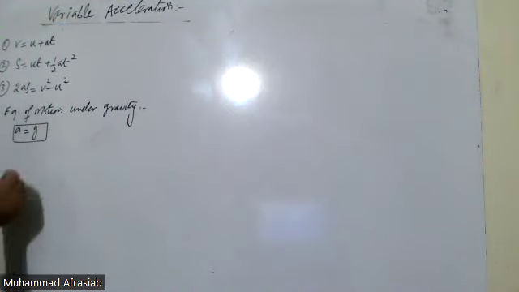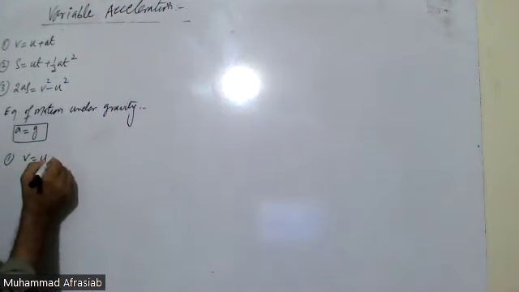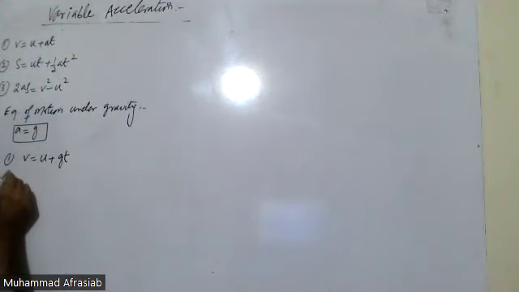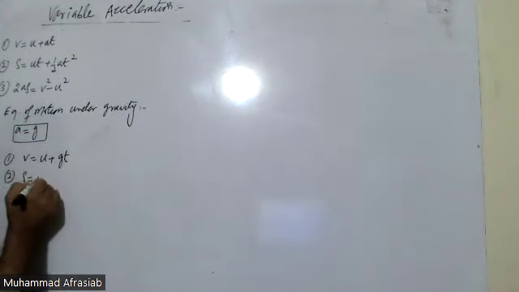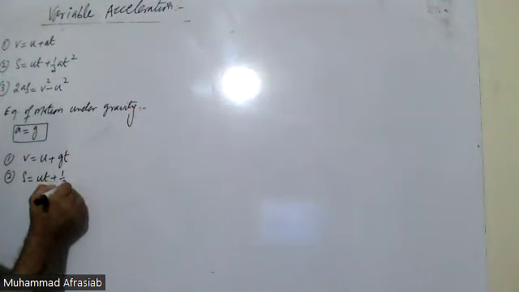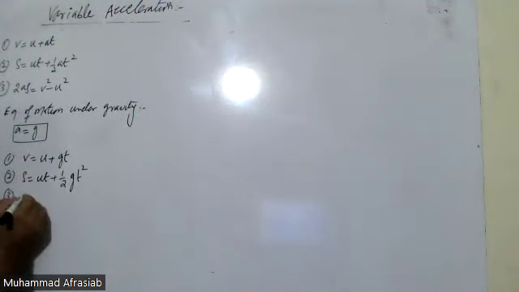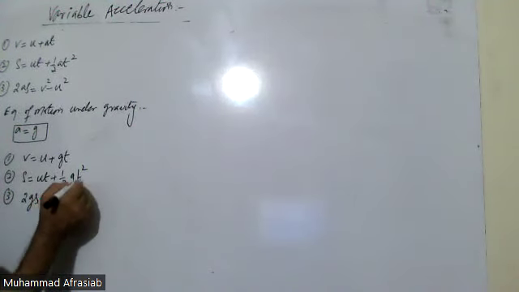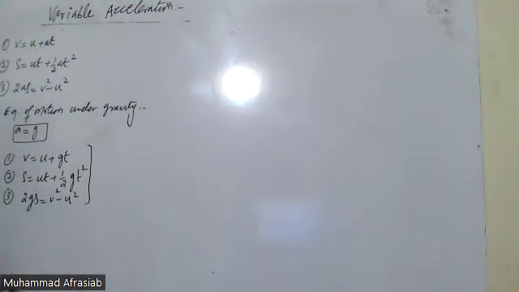Then our first equation, v = u + at, will become v = u + gt. The second equation will become s = ut + ½gt². And the third will be 2gs = v² − u².